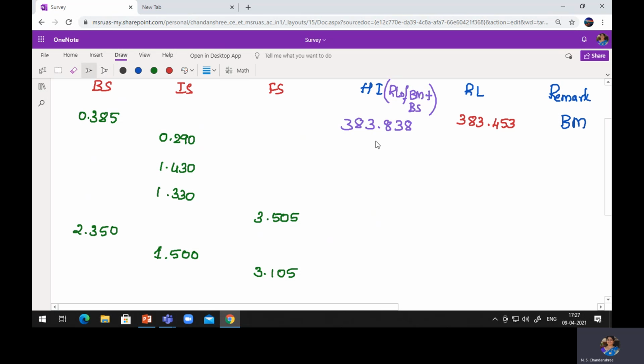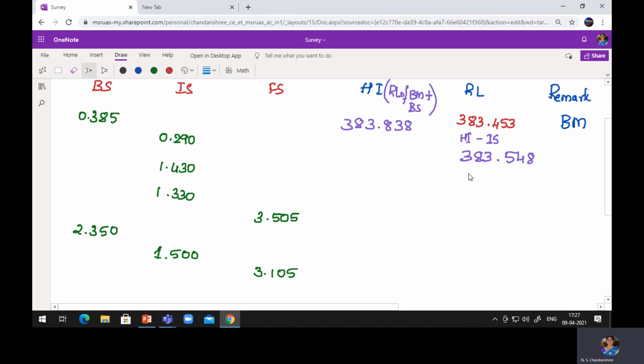Now RL of the second point is nothing but height of the instrument minus IS, intermediate sight. So for the second point it is 383.838 minus 0.290. So that is 383.548. Similarly, for this point again, it is height of the instrument 383.838 minus intermediate sight, that is 1.430.